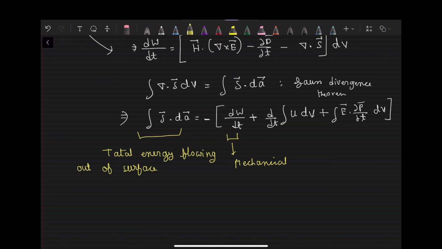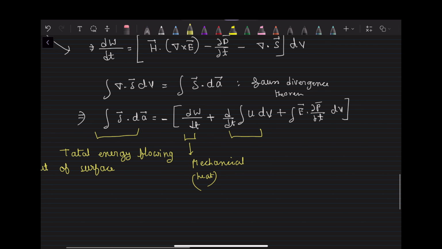I mean, it won't appear as energy stored in the electromagnetic wave, or electromagnetic energy flowing out of the surface and things like that. So it's purely mechanical, it can be maybe heat. Then what we have, energy stored in fields per unit volume.